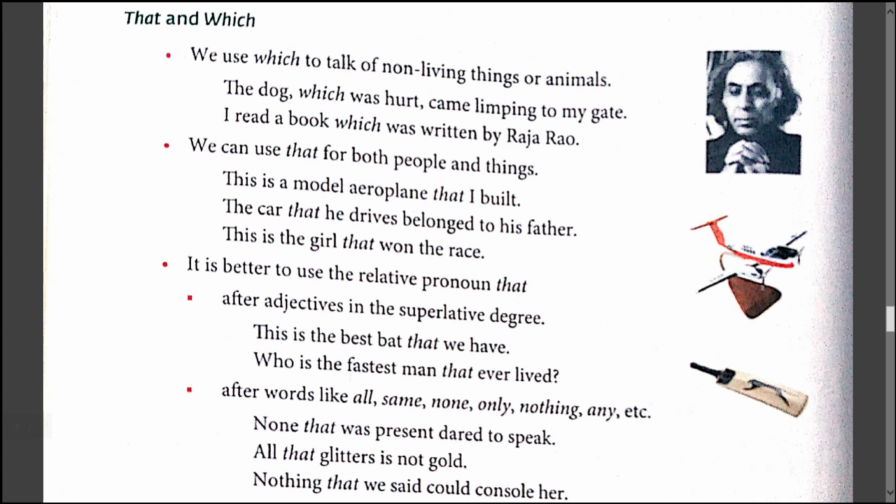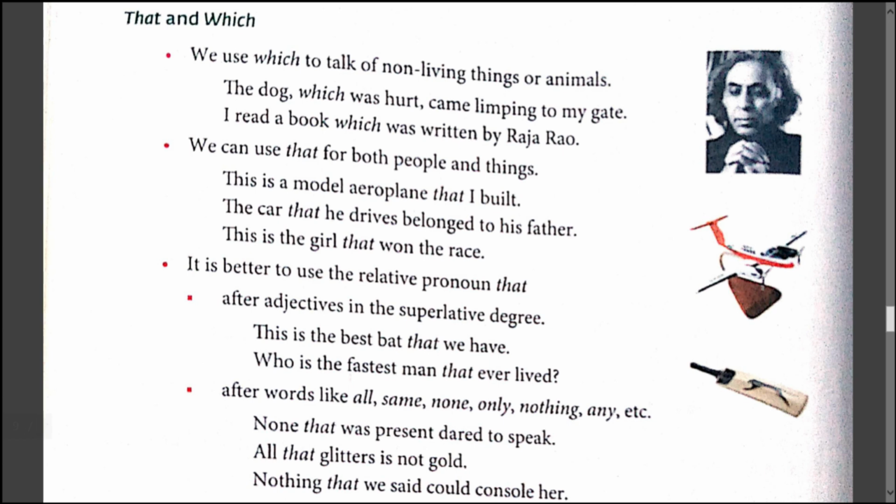Next one. It is better to use the relative pronoun that. In that only two rules are there. First one. Here what they are saying, it is used as a relative pronoun. Means that it gives a better sentence.